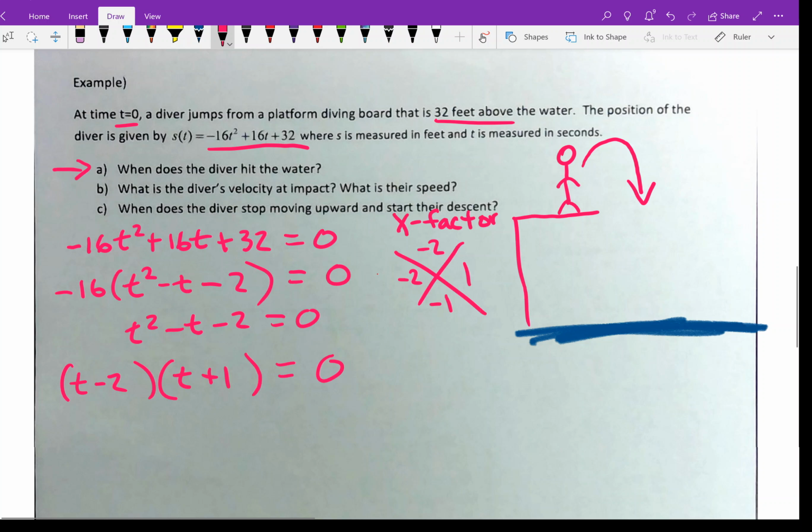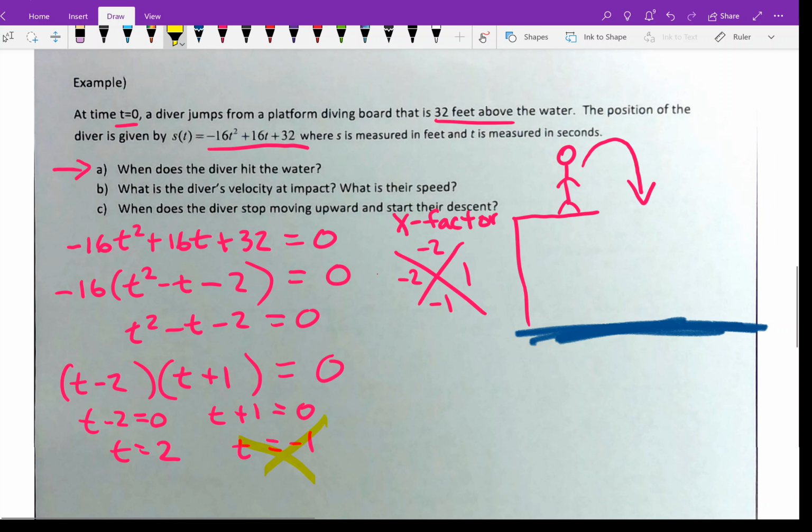From this point, t minus 2 gets set to 0 and t plus 1 gets set to 0, so t equals positive 2 on one and negative 1 on the other. We should infer that negative 1 is not going to work because we're not dealing with negative time. So the only possible answer is 2.